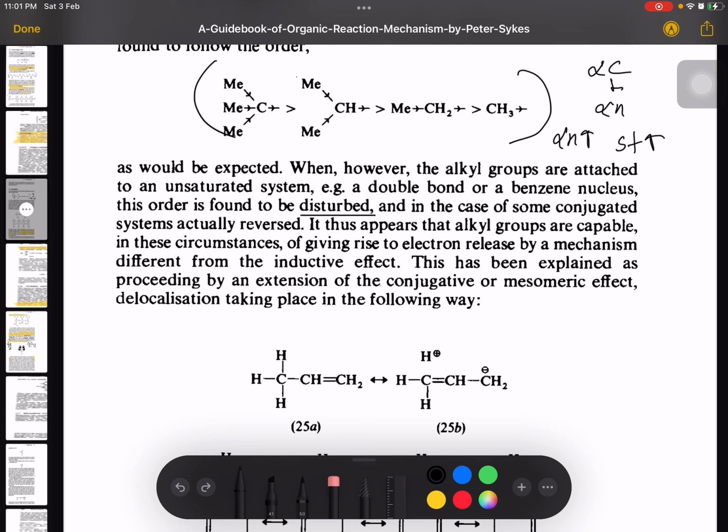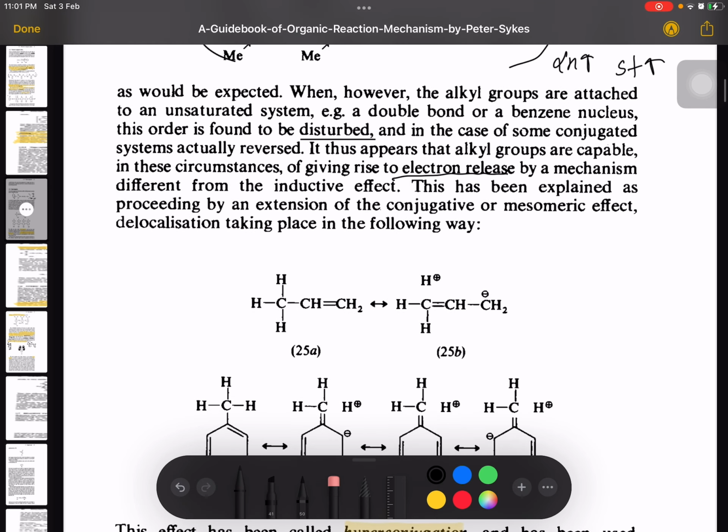It thus appears that alkyl groups are capable in these circumstances of giving rise to electron release by a mechanism different from the inductive effect. This has been explained as proceeding through an extension of the conjugative or mesomeric effect.